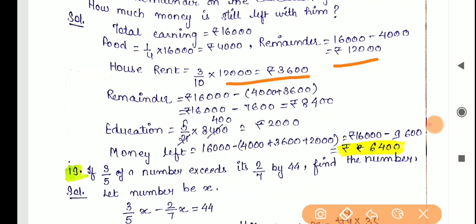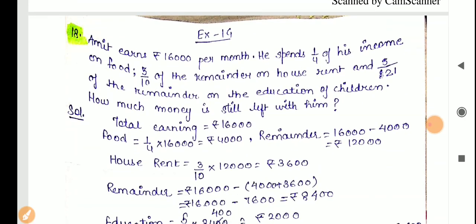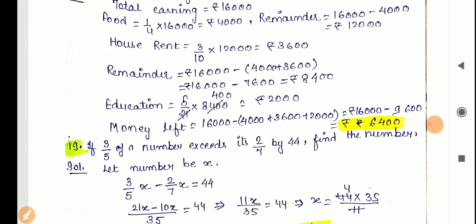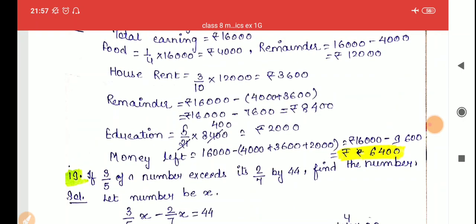Okay, so now again the remainder, because in the next line also they are saying 5/21 of the remainder on the education. Okay, so again we will calculate the remainder first. Remainder is equal to 16,000 minus 4,000 plus 3,600. Why have we taken 4,000 and 3,600 here?